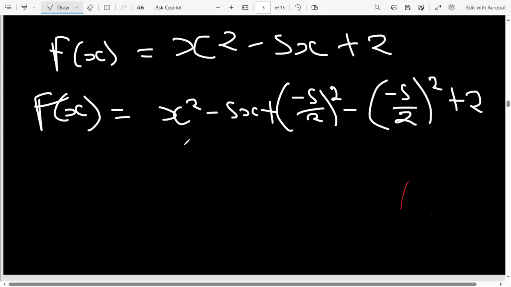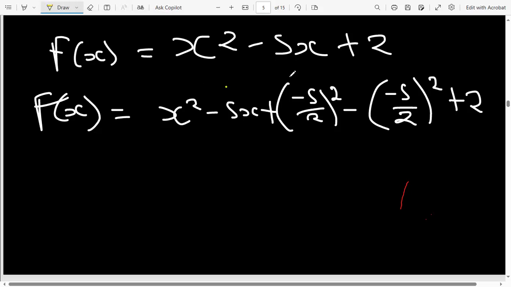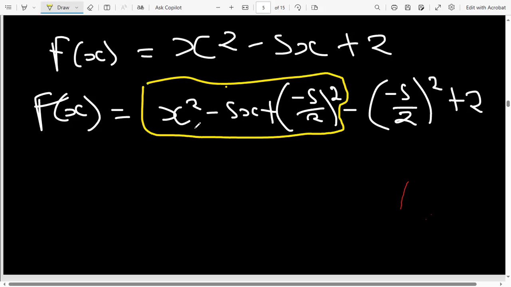From here, what do we see? What we have in the middle is a special 0. But if I pick the first 3 terms, I'm going to come up with what we said was a perfect square.